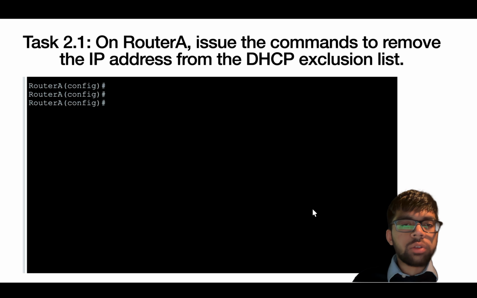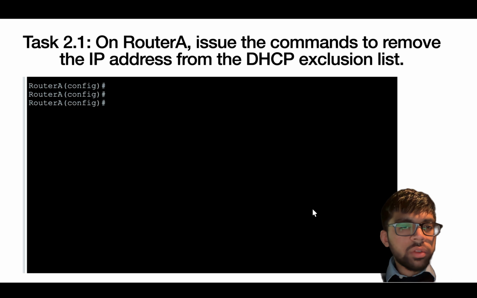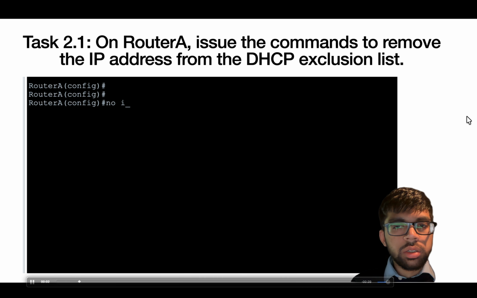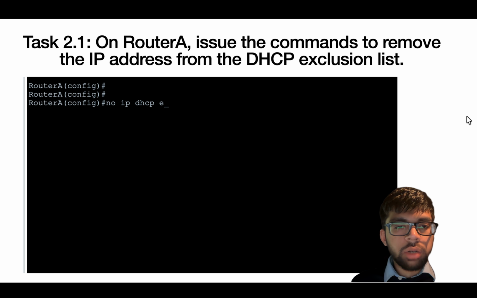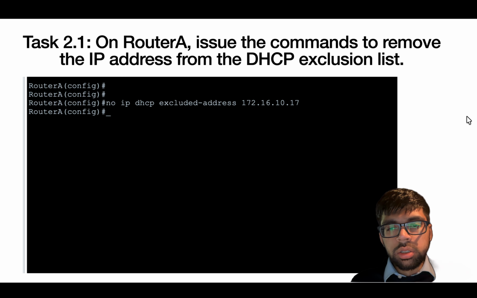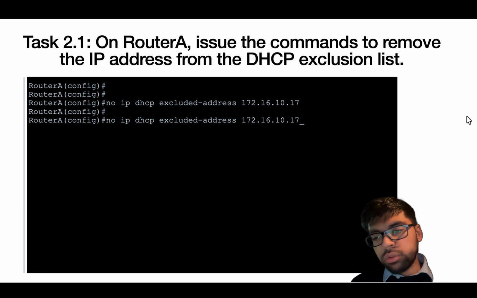That's now gone on router A. Let's issue the commands to remove the IP address from the exclusion list. No ip dhcp excluded-address 172.16.10.17. That is taking it out of the excluded list now.